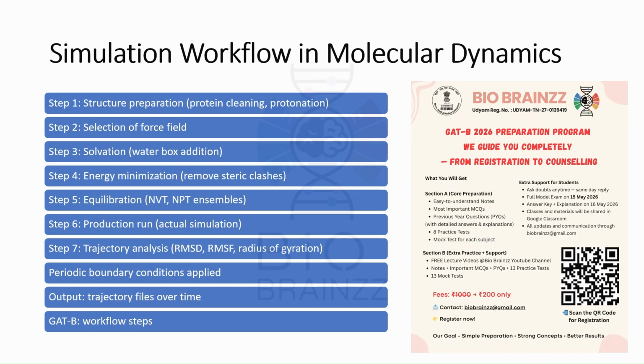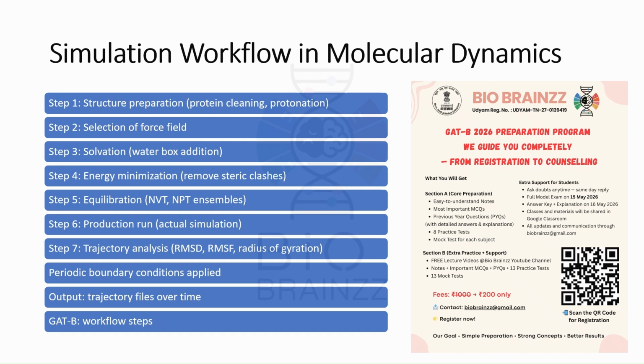Molecular dynamics simulation follows a step-by-step workflow. First, we prepare the structure, then select a force field and add solvent. After that, energy minimization is done to remove clashes, followed by equilibration steps like NVT and NPT.